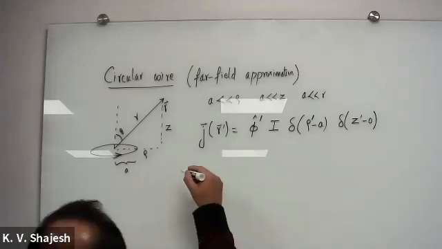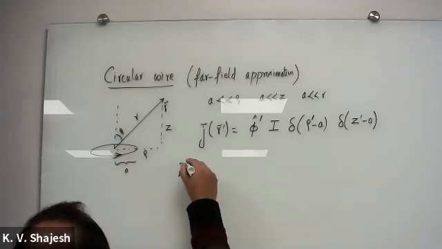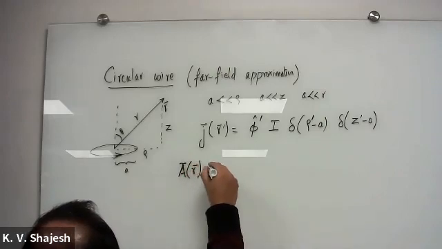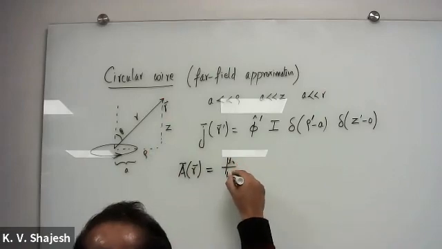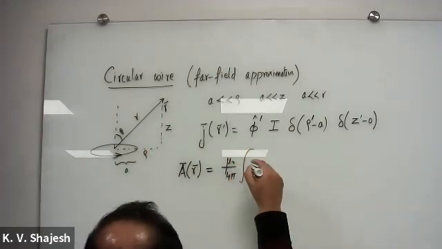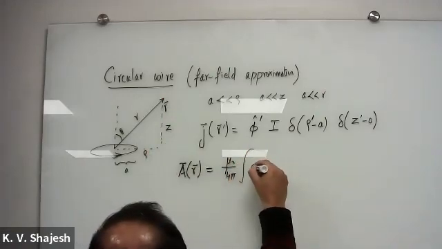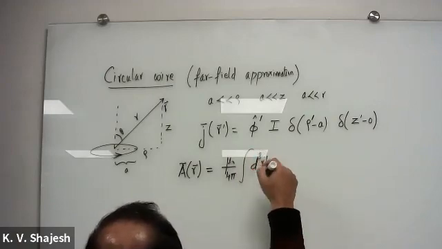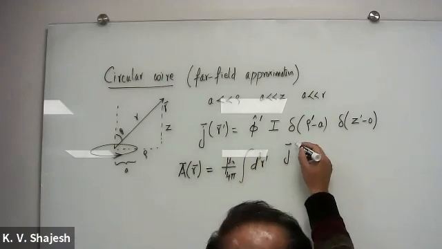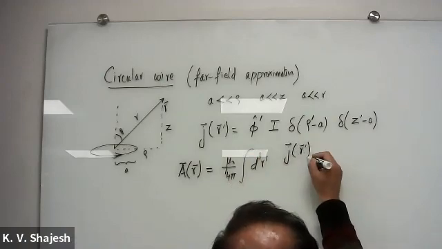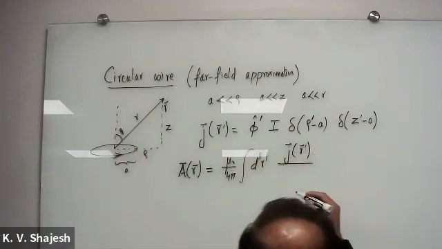The magnetic potential A of r, at the observation point, is basically adding up all the sources everywhere around, right? This is the superposition principle. Add up all the regions where there are currents, which is only on this wire.